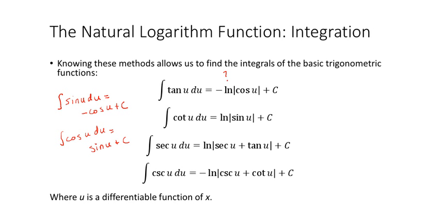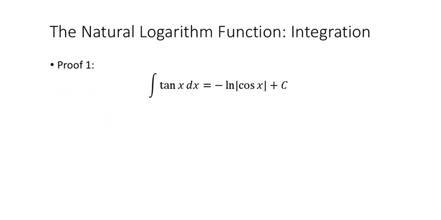So let's try this out right here. Let's start with the first one. How do we get the natural logarithm of a cosine of x in our expression for the integral of tangent of x? Well, in this case, it's really a simple rewrite. We say this is the same thing as the integral of sine of x over cosine of x dx.